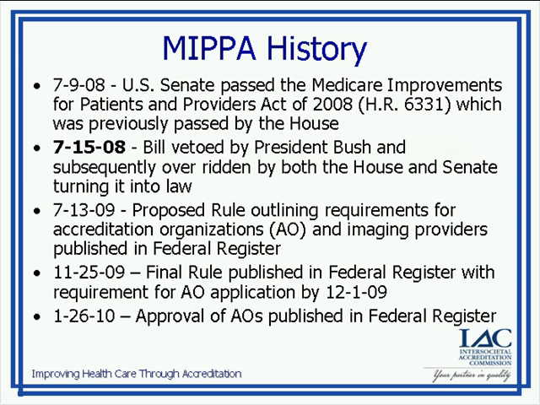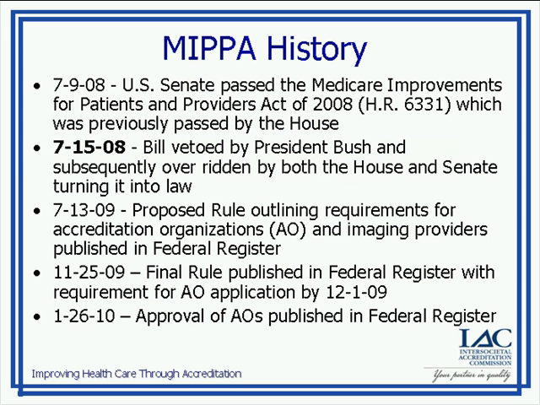Almost a year later, the proposed rule outlining the requirements for accreditation organizations and imaging providers was published in the Federal Register. Then in November of 2009, the final rule appeared in the Federal Register with a requirement for the accreditation organizations' applications.